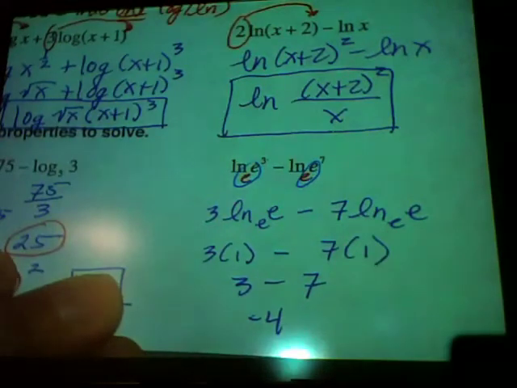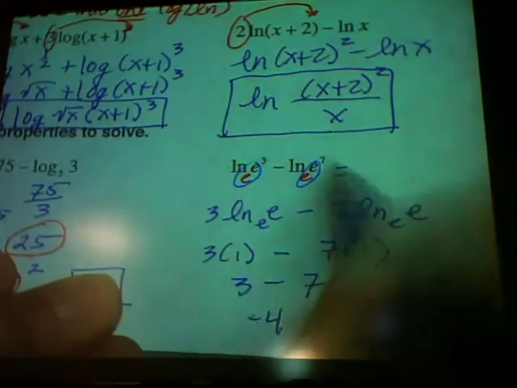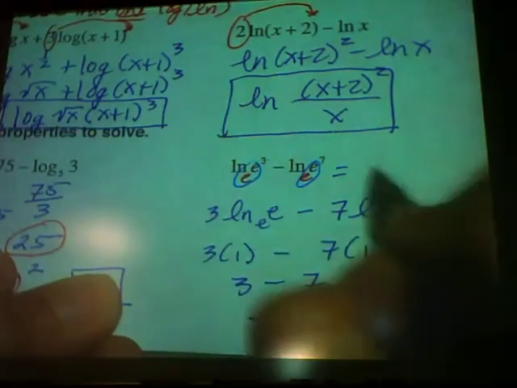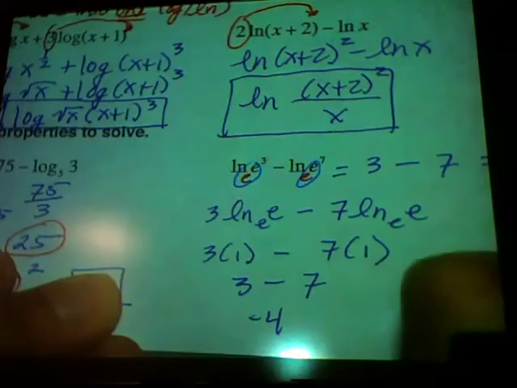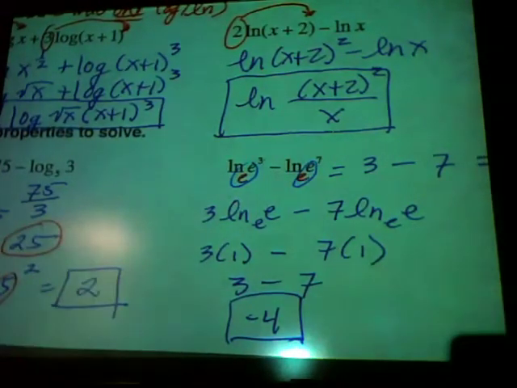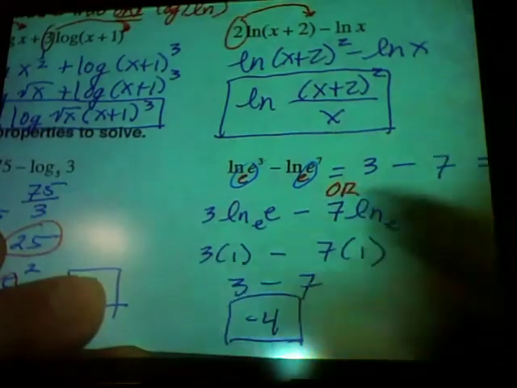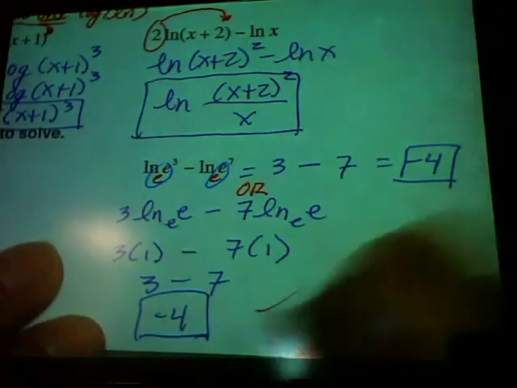So that is one way. But then we could have said, okay, wait a minute, right here, just right from here. This has a value of 3, and this has a value of 7, so that equals -4. Either way that you go about it, so I'm going to put a big or here, you still got the same answer.